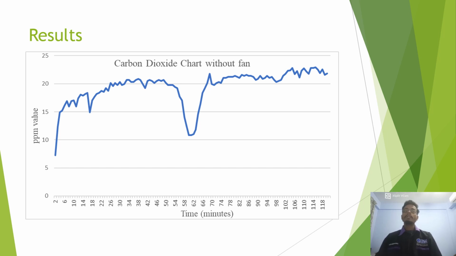Once the carbon dioxide is released in the partition, the ppm value keeps on increasing, and as you can see over here, this part has decreased because the burning had stopped, and I managed to notice that. And once I burned the paper, the reading increased again. This result was produced without the fan.